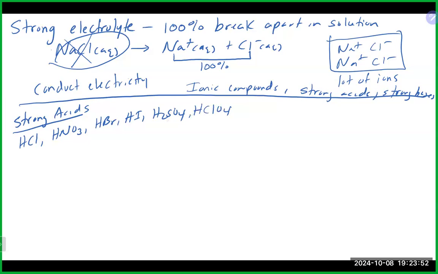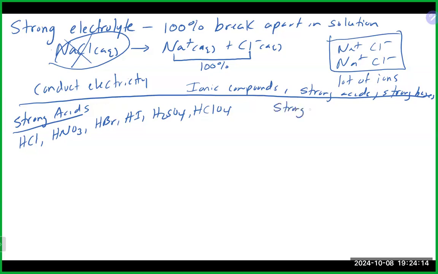This list of 6 strong acids is a good one to know for this reason. If it's not one of those 6, it's probably a weak acid. It's a pretty safe bet. So, if you learn those 6 and it's not one of them, good chance it's going to be more of a weak acid.